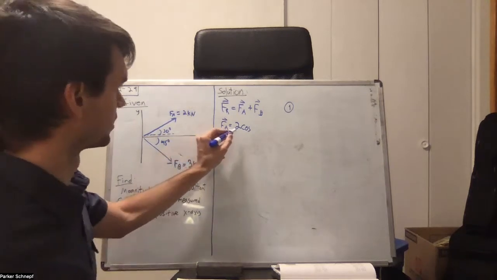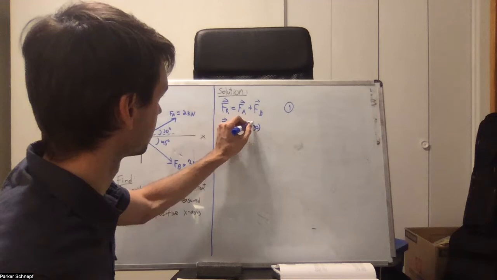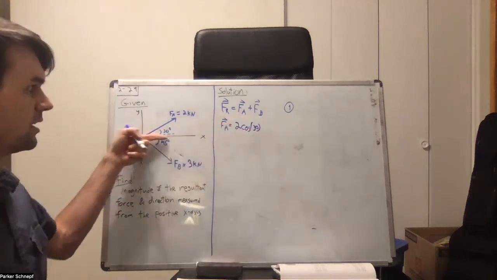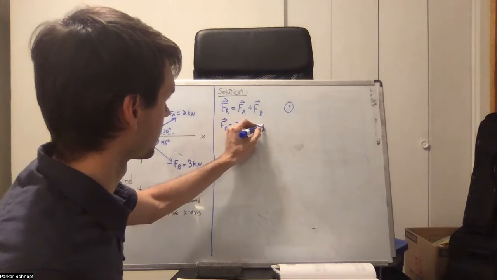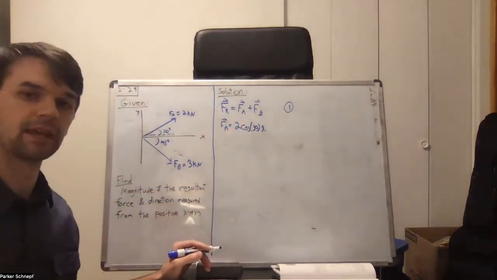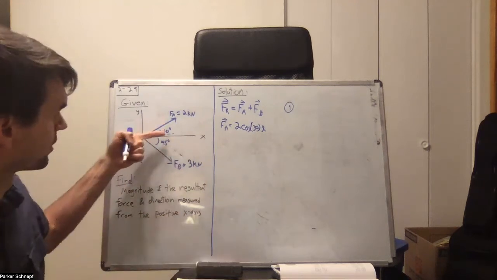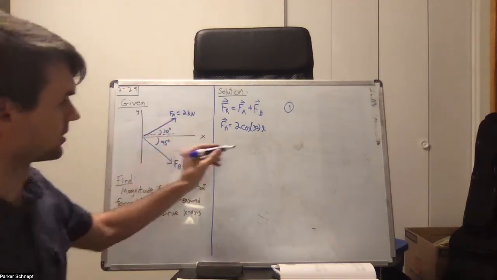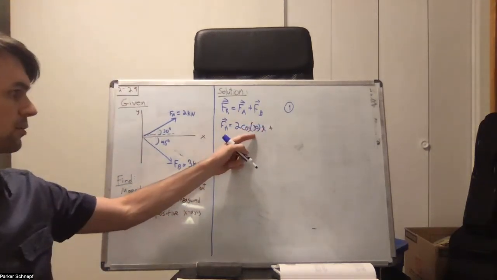So in this case, it's going to be cosine of 30 that will get me that adjacent length, which in this case happens to be in the x direction. And I'm going to use this little i hat to indicate that that is in the x direction. And it's positive, right? This vector is pointing in the positive x direction. And then I'm going to figure out the y.